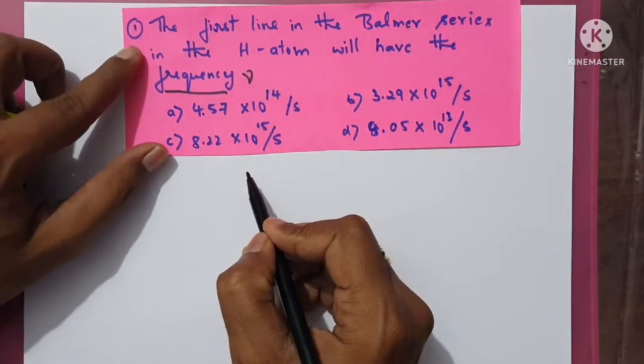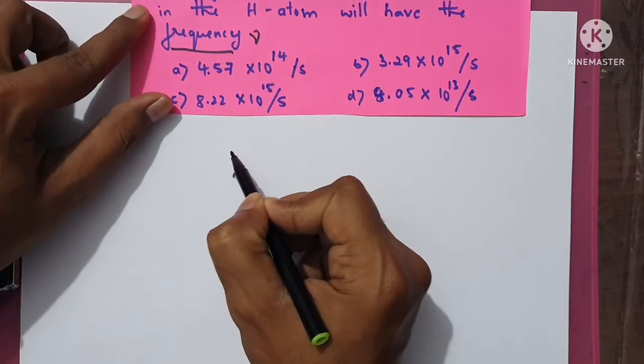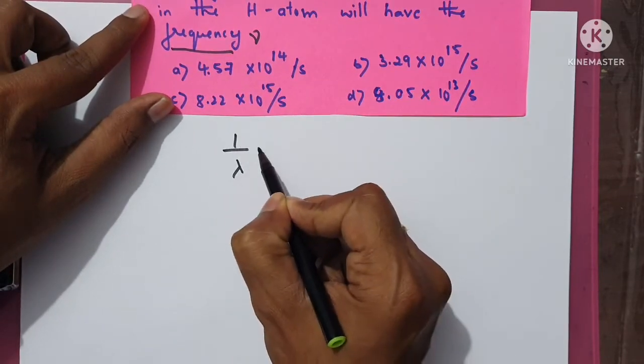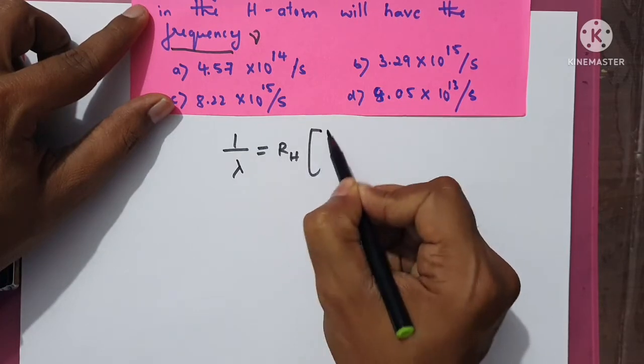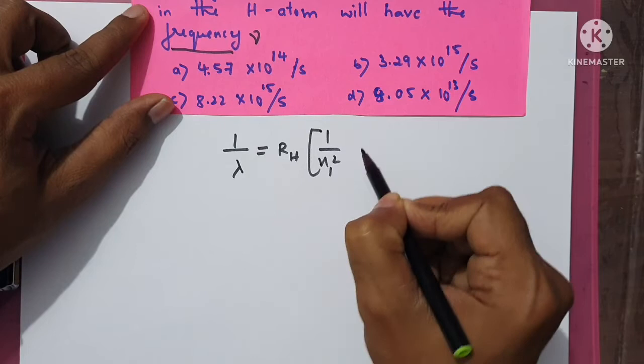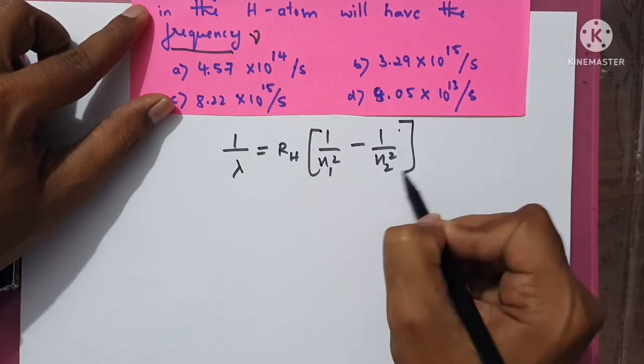I'll just take the formula, that is 1 by lambda is equal to RH, that is of 1 by n1 square minus 1 by n2 square.